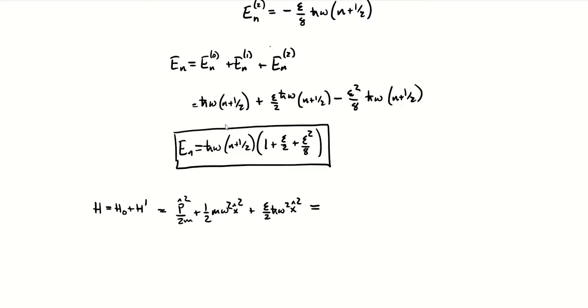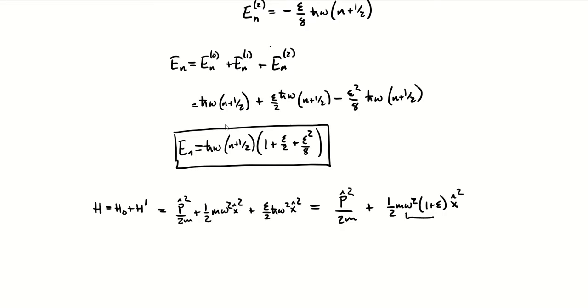We can factor out that x hat squared, and we get 1/2 m omega squared times 1 plus epsilon times x hat squared.